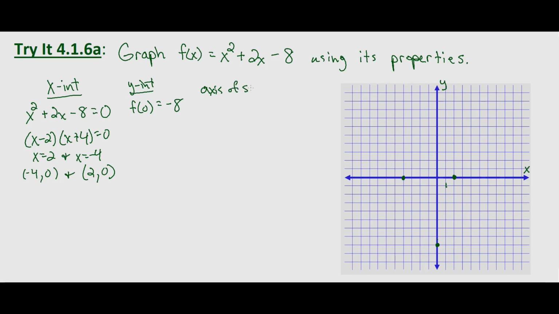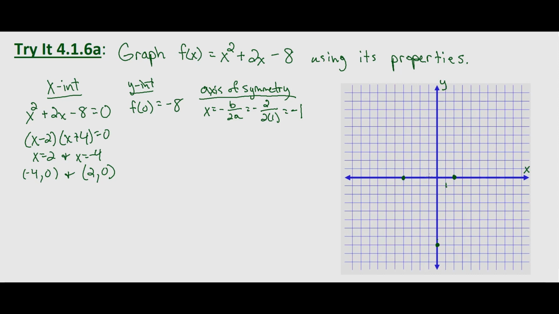Now let's look at our axis of symmetry. Remember, that's x equals negative b over 2a, so that equals negative 2 over 2 times 1, which equals negative 2 over 2, which equals negative 1. So our axis of symmetry is x equals negative 1.